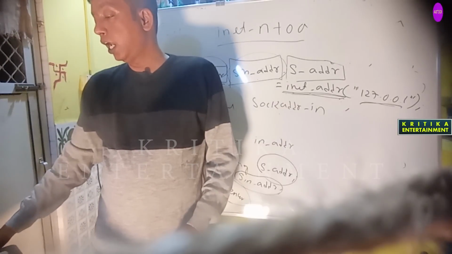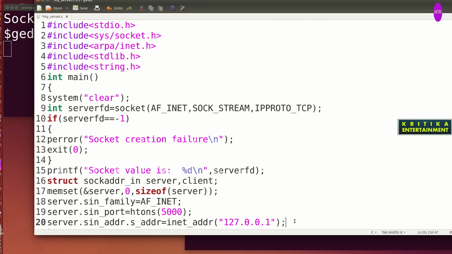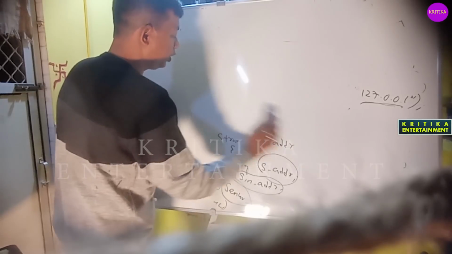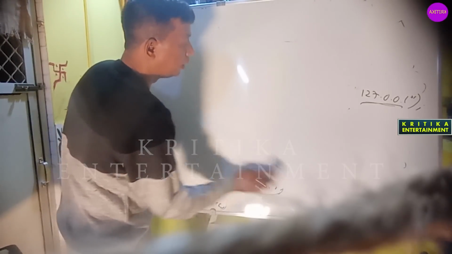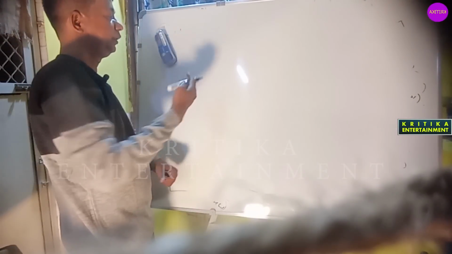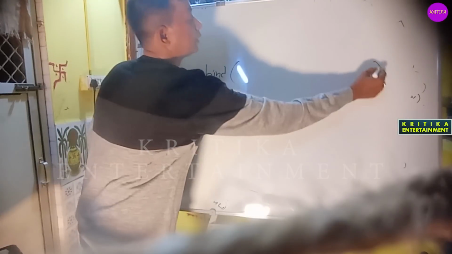Then next I will use the bind function. When we use the bind function, here we will write int b is equal to bind. Inside bind there are 3 arguments.